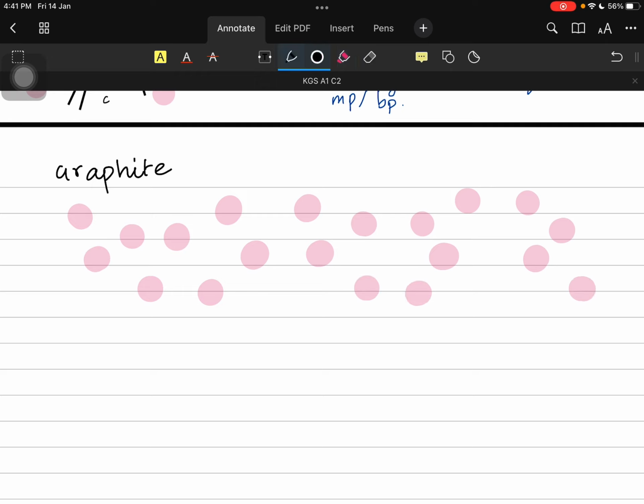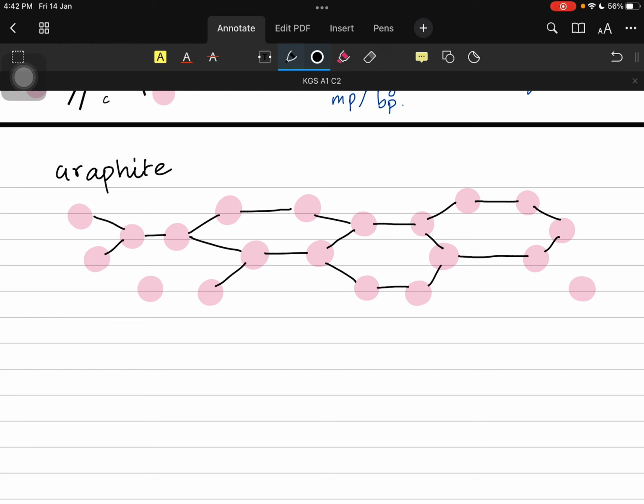If I were to make my bonds over here, these are my bonds. Each carbon definitely seems to be bonded to three more carbon atoms. It's a six-membered ring, but each carbon is bonded to three more carbon atoms.